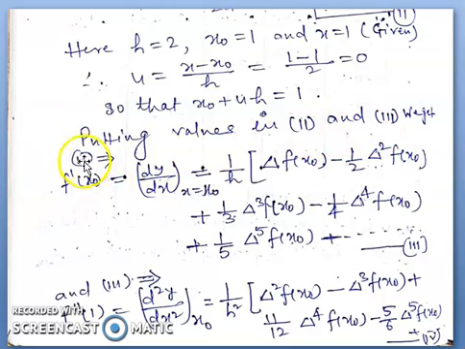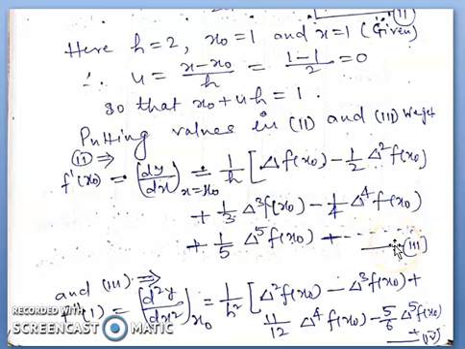From equation 2 we get f dash x0 equal to dy by dx at x equal to x0, equal to 1 by h of del f x0 minus 1 by 2 del square f x0 plus 1 by 3 del cube f x0 minus 1 by 4 del to the power 4 of f x0 plus 1 by 5 del to the power 5 of f x0 plus dot. This is equation number 3.